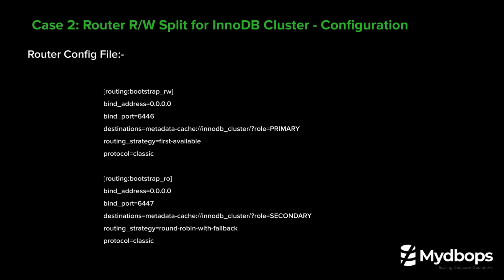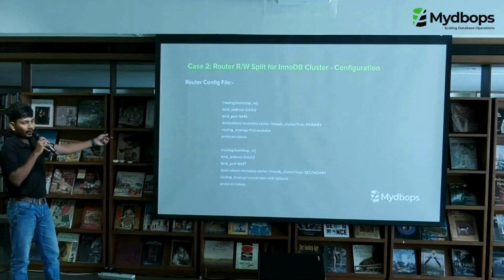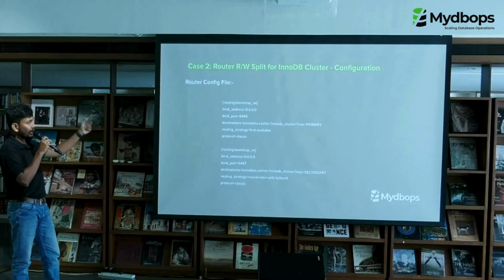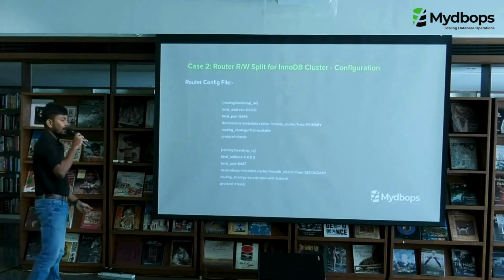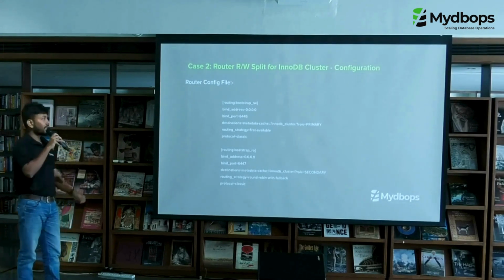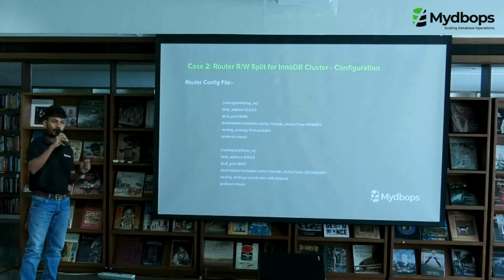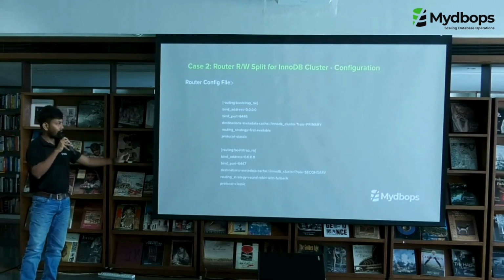I have shared the config file of MySQL router. Here we can see that by default for read write it will use port 6446, and by default for read only it will use port 6447. In the destination itself, it has been created automatically, and it will use the destination as metadata cache from the InnoDB cluster. For read write it will use the primary server, and for read only it will use a secondary server.